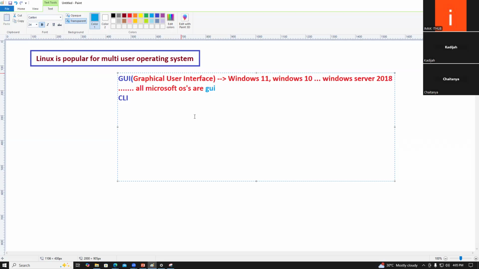Understood now? What is CLI? Command line interface.